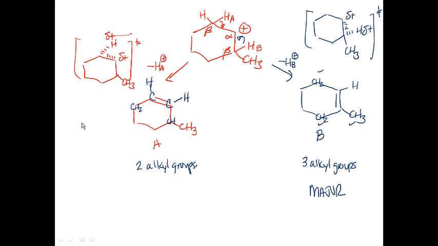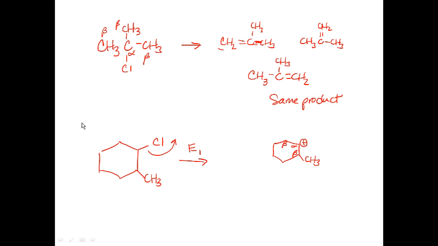Okay, so this is how we do elimination that's unimolecular. And what we'll do in class on Monday is we'll look at some problems. I'm going to take Friday's class and Monday's class and put some things together and come up with some magical rearrangements for some of these molecules and say, how did I get that elimination product? And I'll get it through a 1,2 hydride or a 1,2 methyl shift.